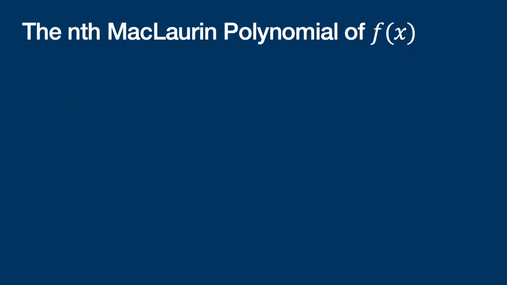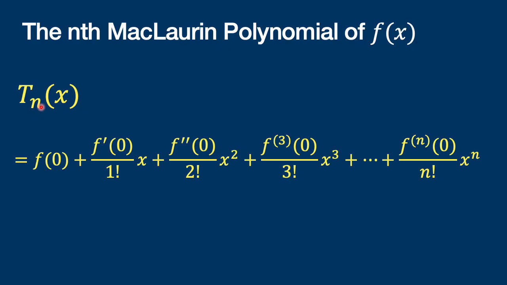It applies to the Maclaurin polynomial too. The Maclaurin series is the Taylor series where the center is 0. Nth Maclaurin polynomial, guys, I emphasize here. Tn and its degree represent an nth degree polynomial.